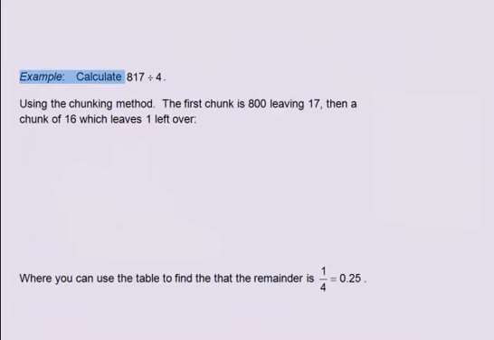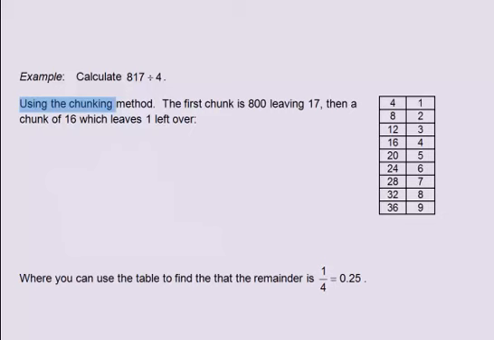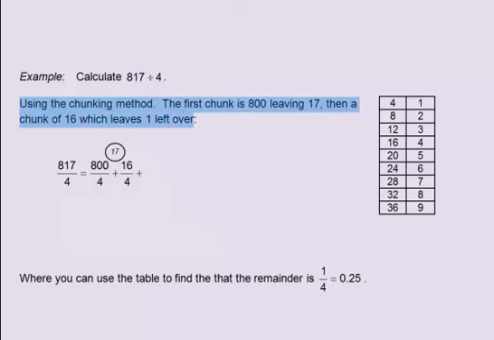Example: calculate 817 divided by 4. First write your 4 times table. Using the chunking method, the first chunk is 800, leaving 17. Then a chunk of 16, which leaves 1 left over.